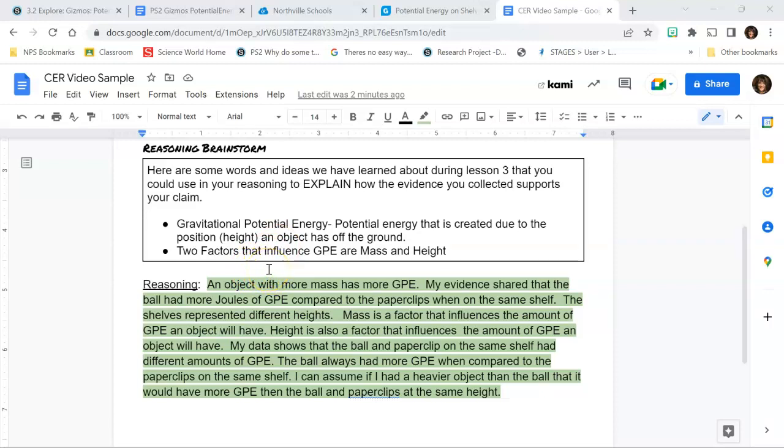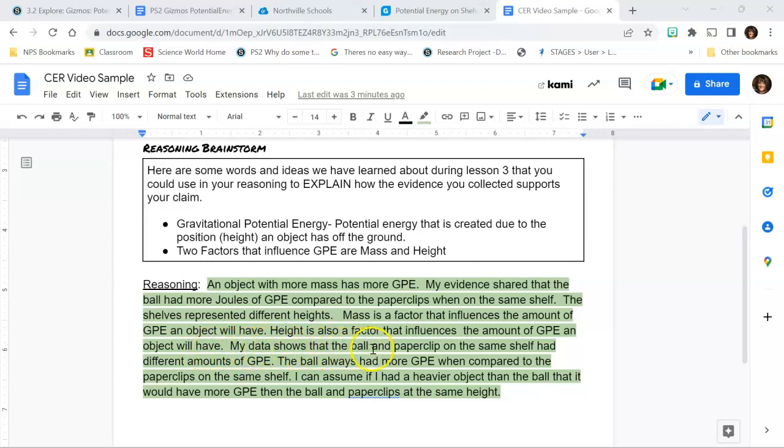An object with more mass has more gravitational potential energy. My evidence shared that the ball had more joules of gravitational potential energy compared to the paper clips when on the same shelf. The shelves represented different heights. Mass is a factor that influences the amount of gravitational potential energy an object will have. Height is also a factor that influences the amount of gravitational potential energy an object will have.